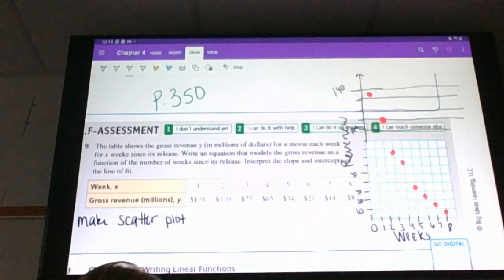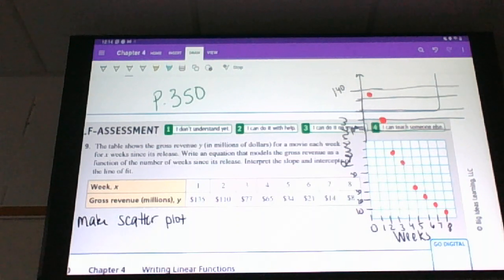What we're gonna do is draw a line of best fit, and there's some rules about lines of best fit. First up, you want to use a ruler or just the side of your ID to make it a really nice straight line. A line of fit goes through the data.